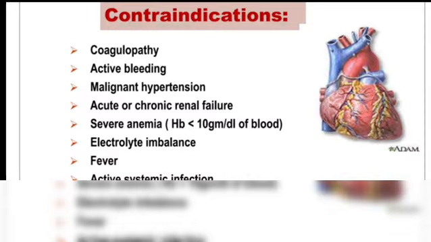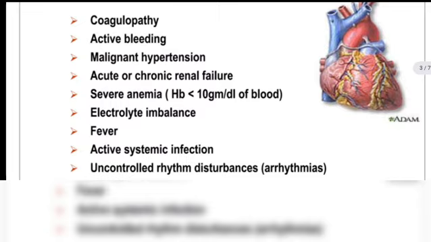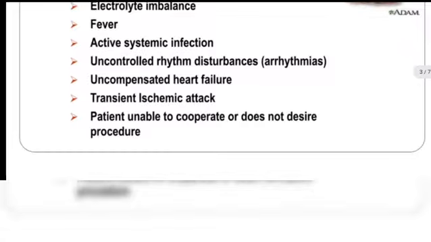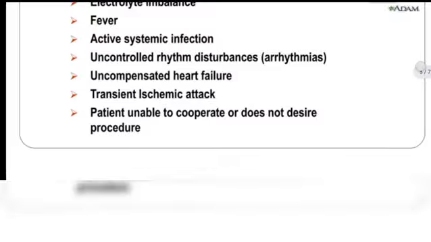That is, if the patient has conditions such as coagulopathy, active bleeding, malignant hypertension, acute or chronic renal failure, severe anemia, that is hemoglobin less than 10 gram per deciliter of blood, or electrolyte imbalance, fever, acute systemic infections, uncontrolled rhythmic disturbances, uncompensated heart failure, transient ischemic attack, or the patient is unable to cooperate or does not desire to do the process, etc. In some cases there may also be an allergic reaction to the contrast media.